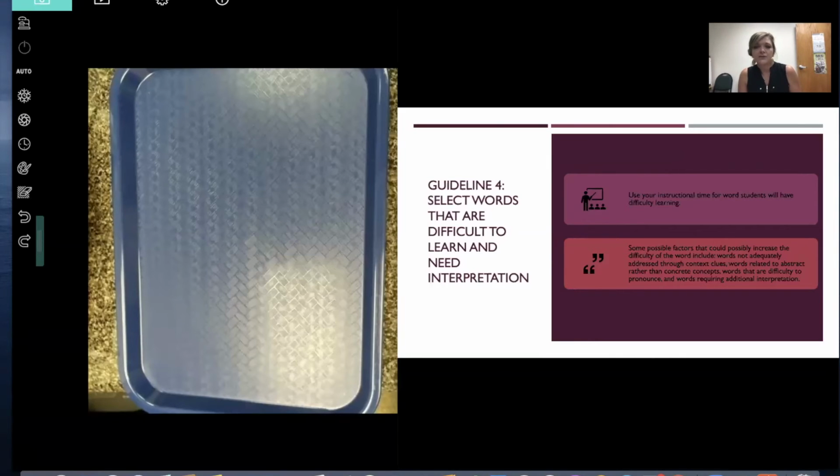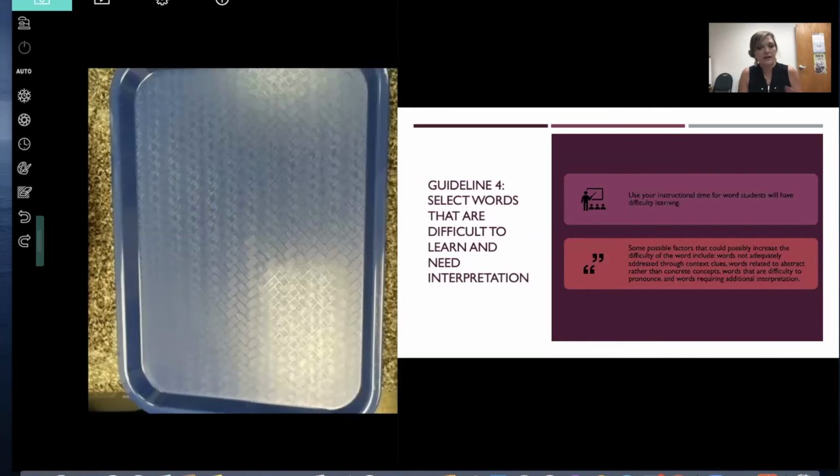words that are not adequately addressed through context clues, because especially by middle school, even though our kids are not functioning on grade level, they have been exposed to trying to use their context clues to figure out word meanings.